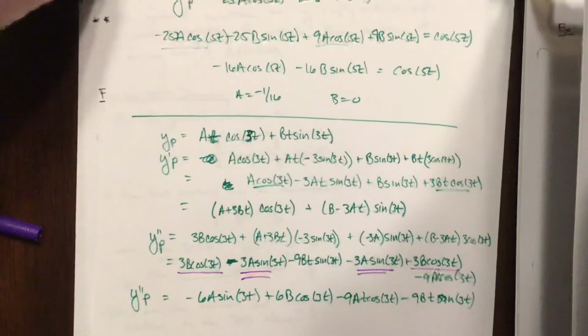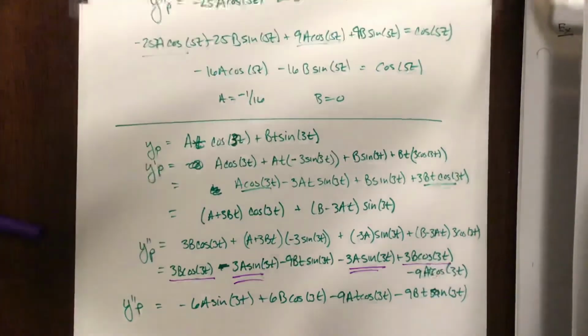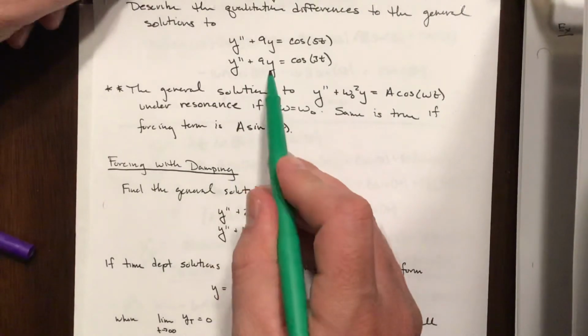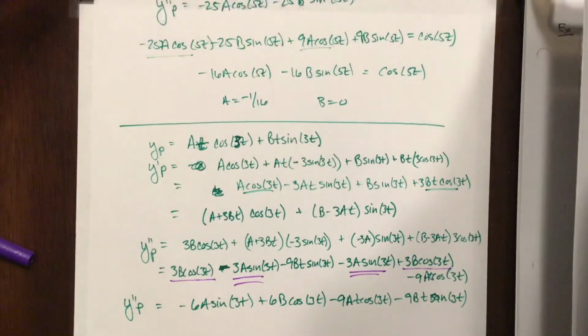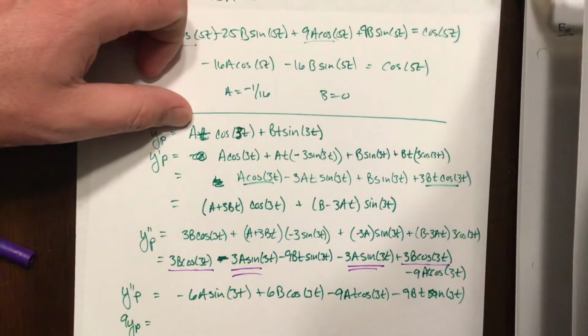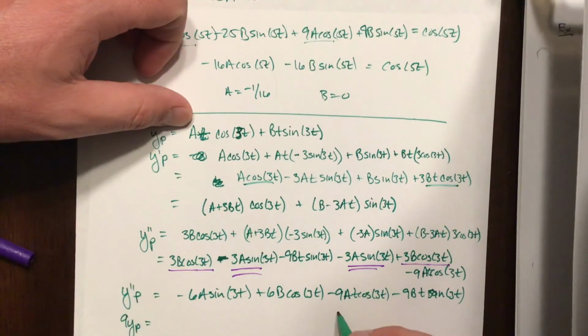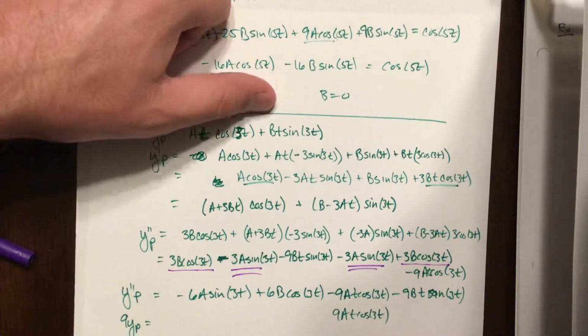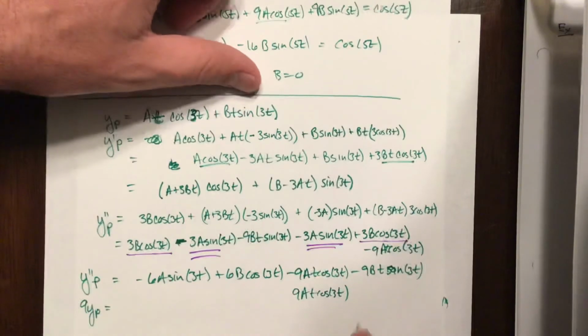The differential equation, which I completely lost in all of this, says now add 9y. So 9y is going to look like 9at cosine 3t and 9bt sine 3t.